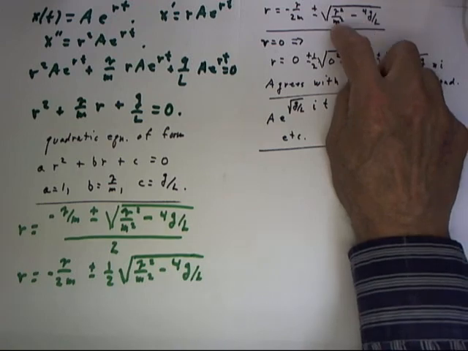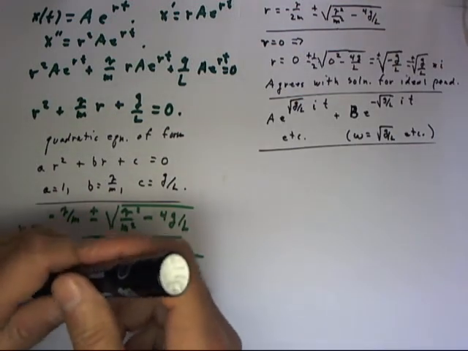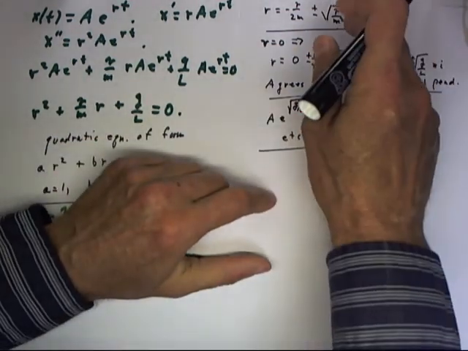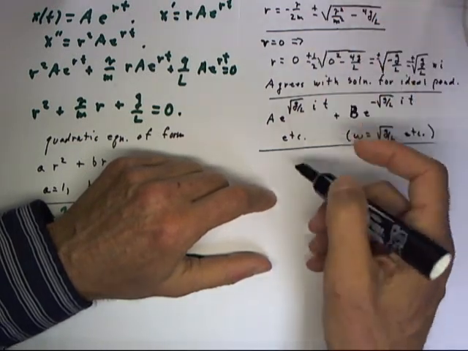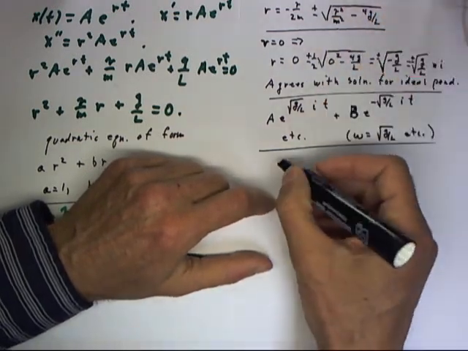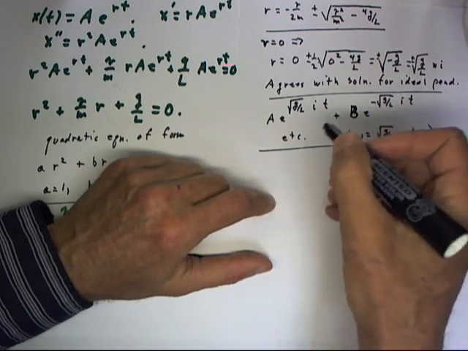Now another important solution, the one that serves as a demarcation between the real and imaginary solutions we're going to get for the square root.